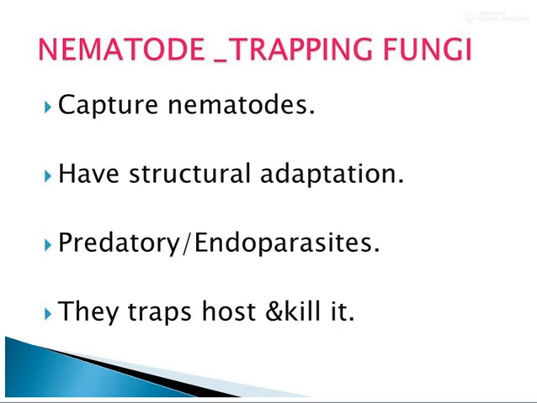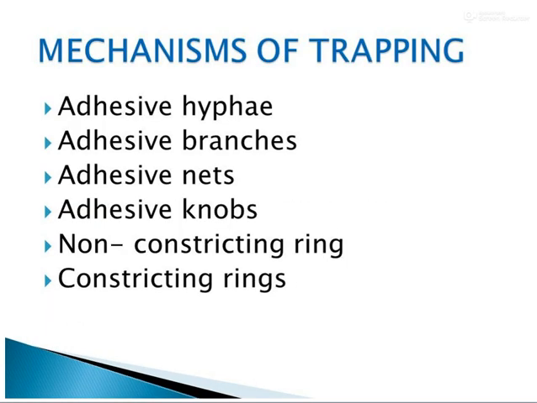So we'll see what the different types of trapping mechanisms are. Different trapping mechanisms are exhibited by the different nematode trapping agents. They could be adhesive hyphae, adhesive branches, adhesive nets, adhesive knobs, non-constricting rings, as well as constricting rings.